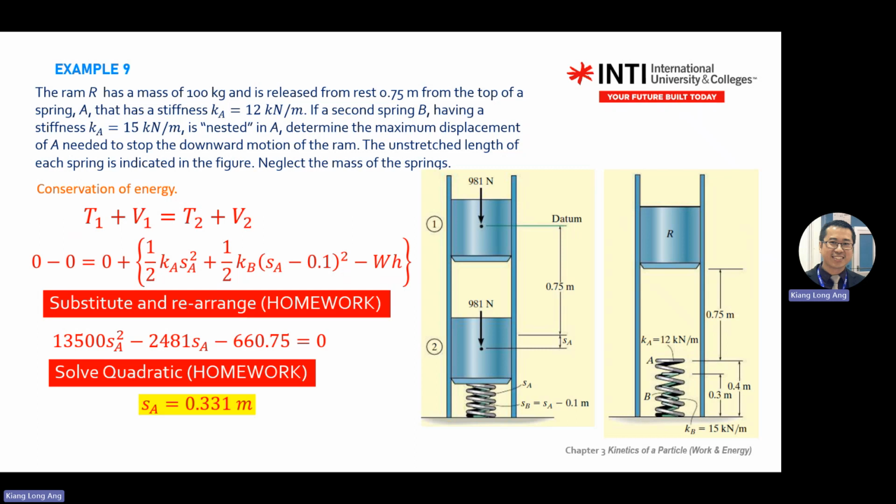You have to be sure you'll get positive and negative values, and we choose this one. Go home and check why we choose this one and not the other one. This is a quadratic equation, you have two possible answers. Why do we choose this one? Go home and think. Start to train your mind before you come to the final exam. Only in the final exam you come and think, too late already.